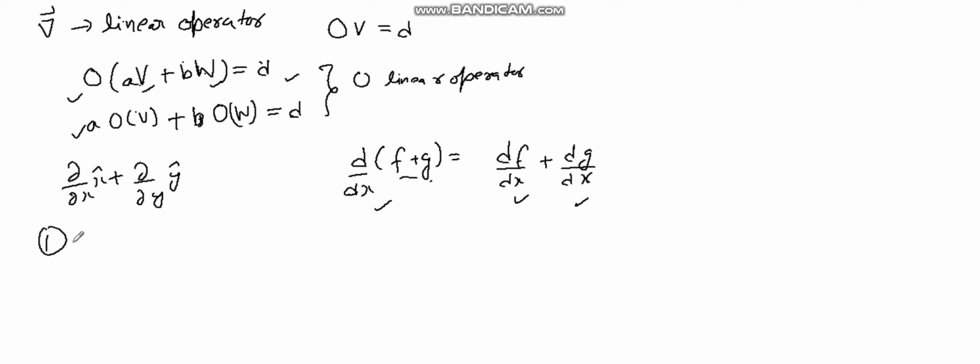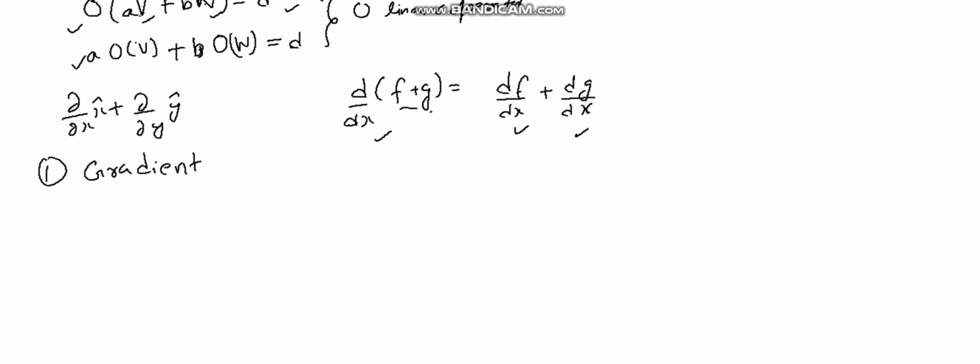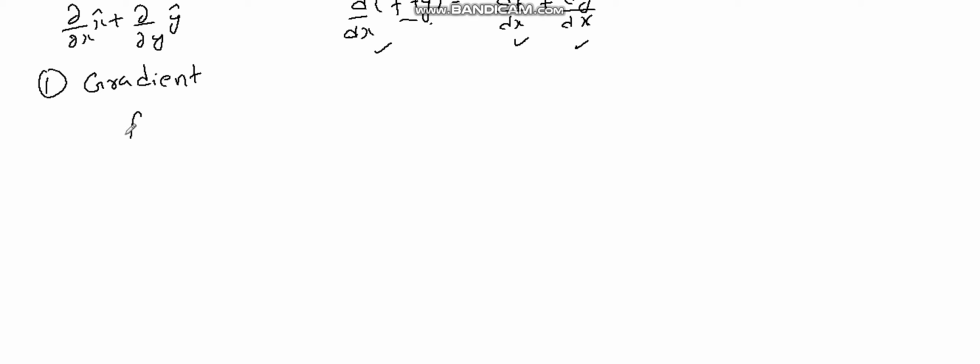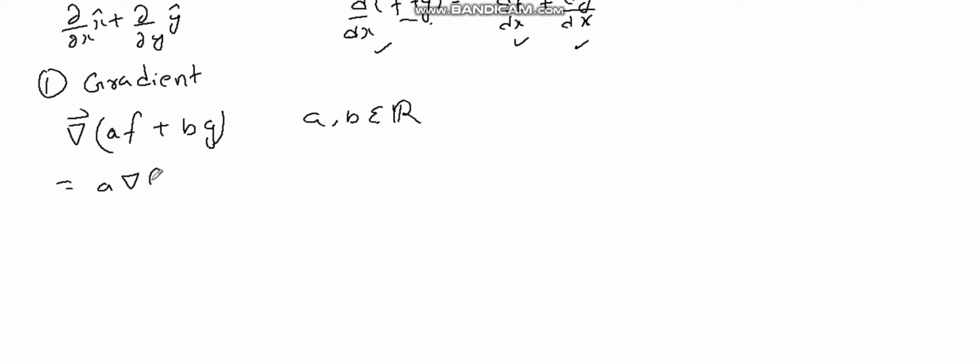So if we first talk about the gradient, how can we write the linearity property of the gradient? Let's say we have functions f and g, or rather the function a times f plus b times g, where a and b are scalars, some real numbers. Then del of this whole function is a times del of f plus b times del of g.